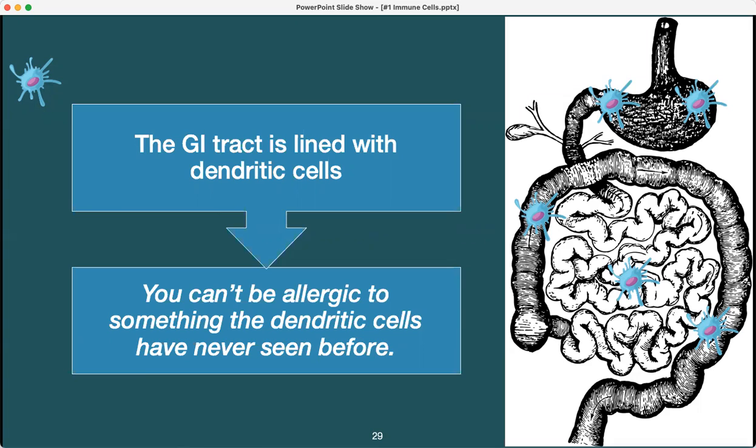Some of the medications that are highly allergic that dendritic cells love to eat are things like sulfa. Sulfa is a super common allergy for people. It really sets off the dendritic cells. Luckily, most people are not that highly allergic to antibiotics.